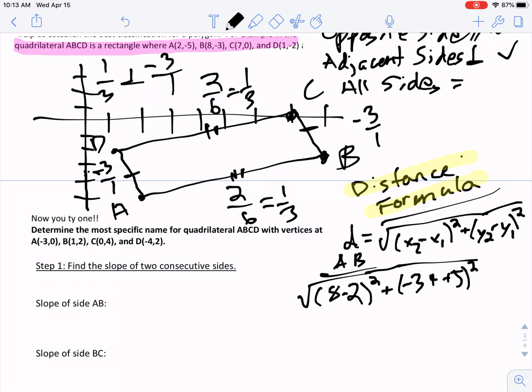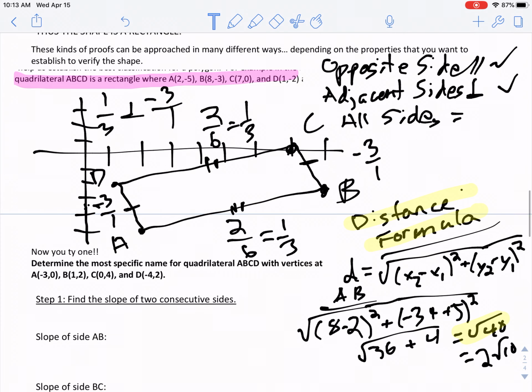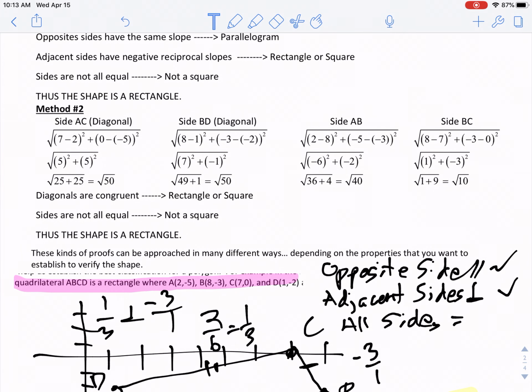Negative 3 plus 5 is 2, squared is 4, plus 8 minus 2 is 6, squared is 36, which will be the square root of 40. For those of you that want to be overachievers and reduce that, it's the same thing as square root of 4 times square root of 10, so 2 square root 10. In all honesty, though, I can leave it right here. Notice that's what they did up here, they just left it as the square root of 40. So you don't have to simplify that one.